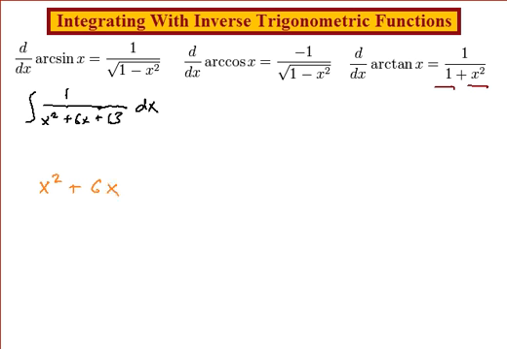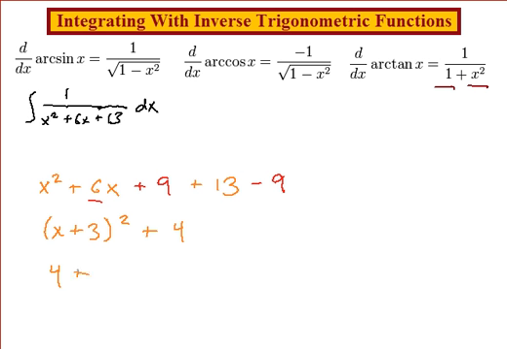We want to take this middle coefficient, split it in half, and square it. That gives us the number we require to complete the square. The 13 is still there. In order to add 9, we need to subtract 9. Now we can rewrite this as something squared plus some number.